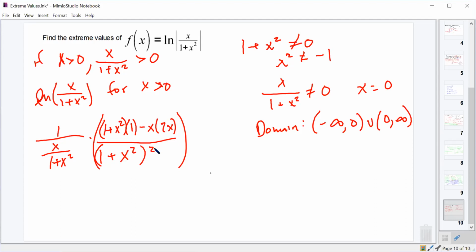Good or no? Yeah. All right. Good. All right, so we're going to simplify what's inside of the parentheses here first. That's a 1 plus x squared minus a 2x squared, so that becomes what?